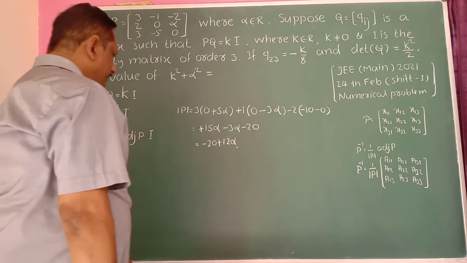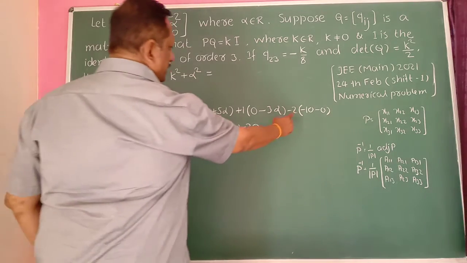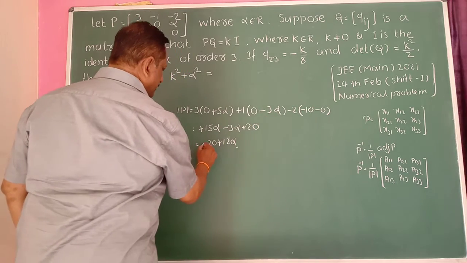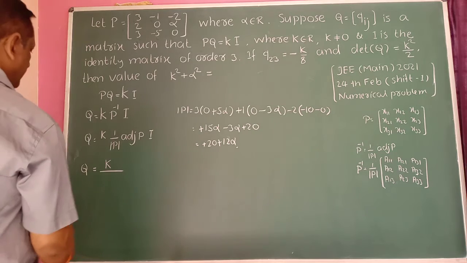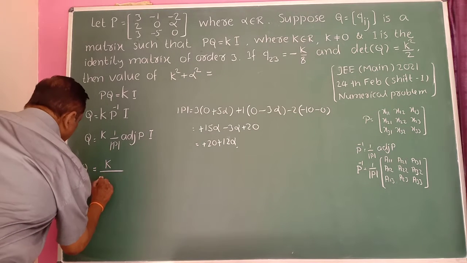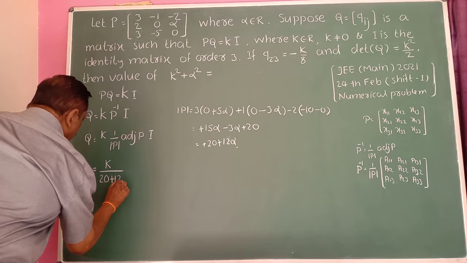Okay. Therefore, in this case, minus into minus becomes plus here. So plus 20 plus 12 alpha here. Therefore, the determinant of P is 20 plus 12 alpha here.